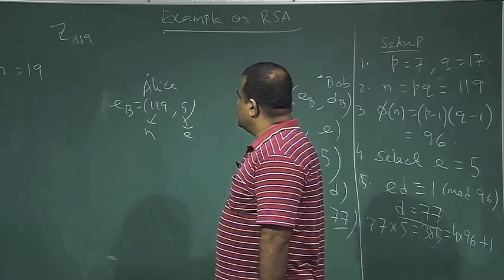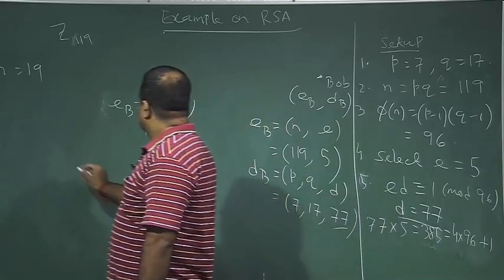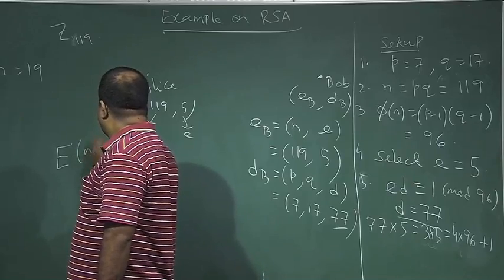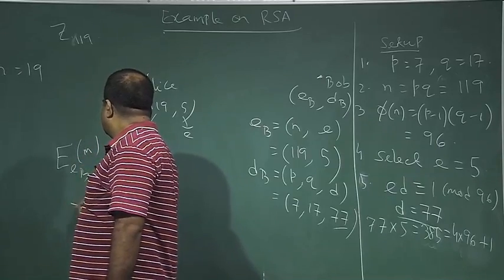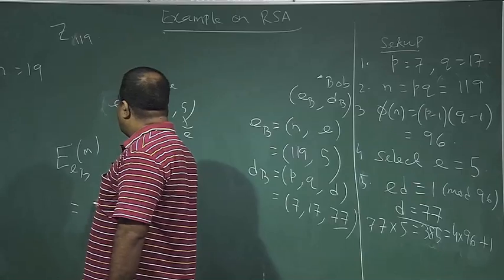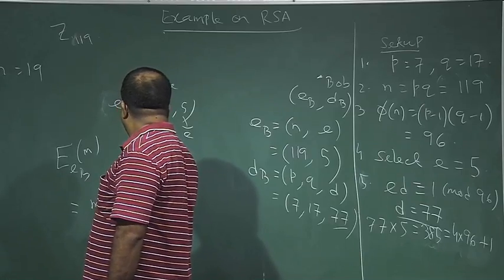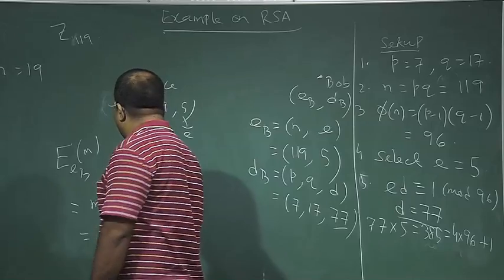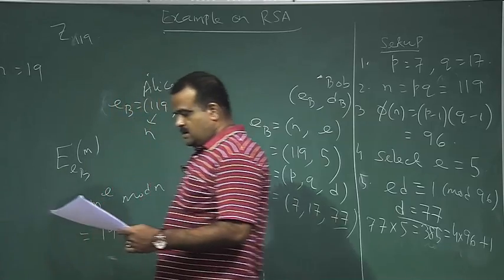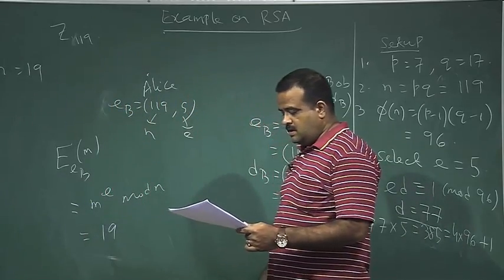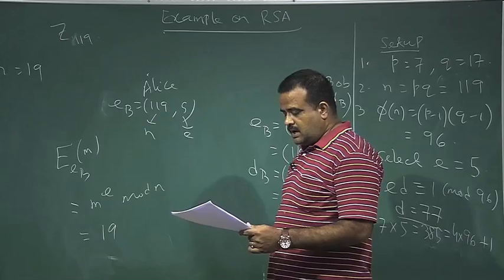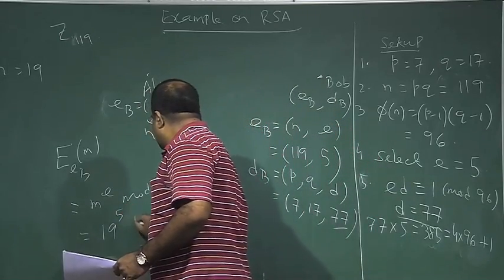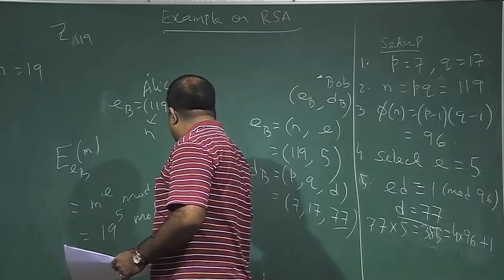So then what is the encryption? This is RSA encryption, E of m under EB, which is m to the power E mod n. Here m is 19, so 19 to the power E, which is 5, mod n, which is 119.